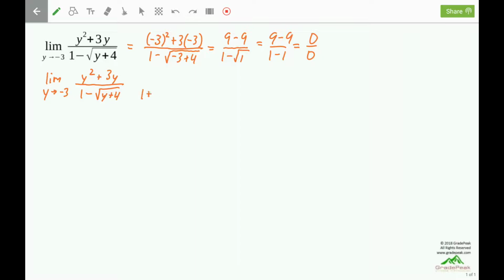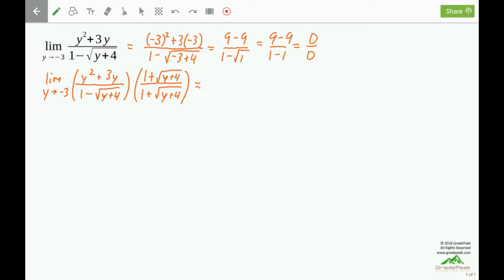And I'm going to multiply by the conjugate of the root combination in the denominator, which will be the same two terms, opposite sign between them, so it'll be 1 plus the square root of y plus 4. And I'm going to put 1 in the numerator here as well, so that we have a form of 1.